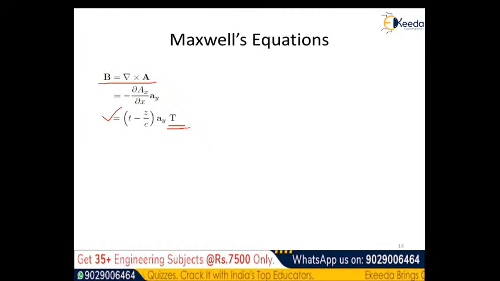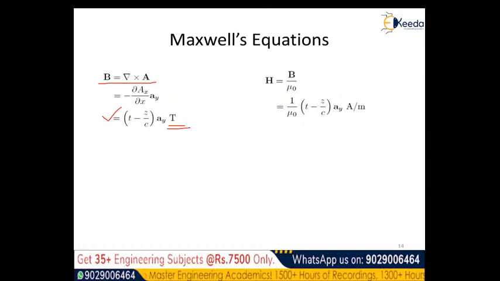Next, we have the relation between the magnetic field intensity and the magnetic flux density as H is equal to B divided by mu. Here we have mu 0 for the free space or the air medium. We have just now the expression for B. You can take it from the left hand side and substitute it in the new expression.